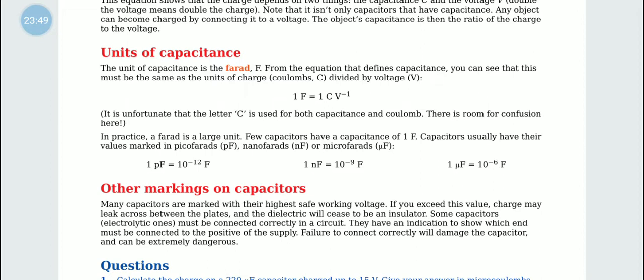Leave a line and write, because 1 farad is a large capacitance, we use picofarads, nanofarads and microfarads, and then write down these three.